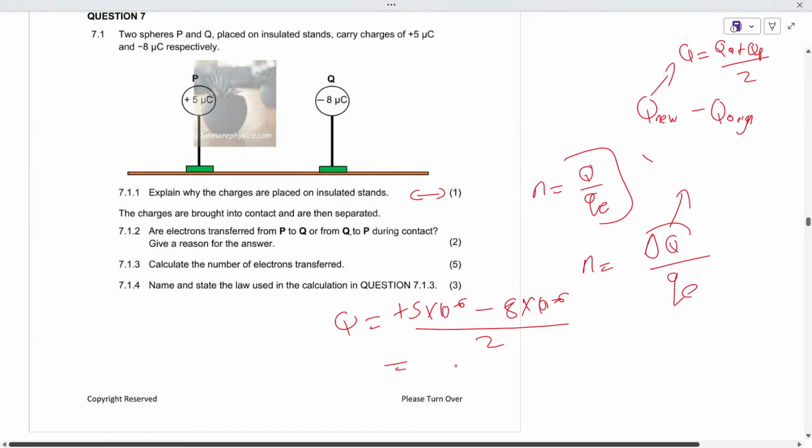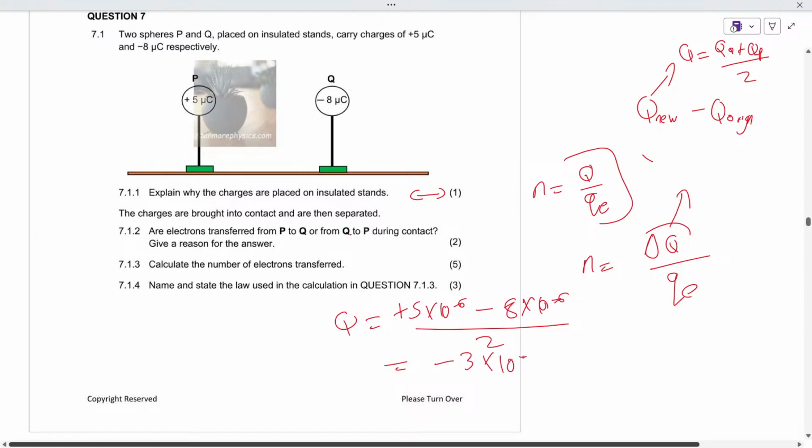So we're going to say the answer will be... Oh, I must put it in scientific mode. Yeah, it's better you put it in scientific mode. Okay.